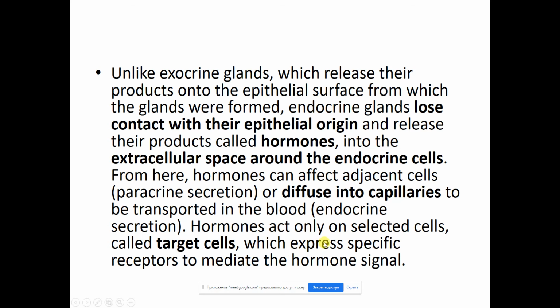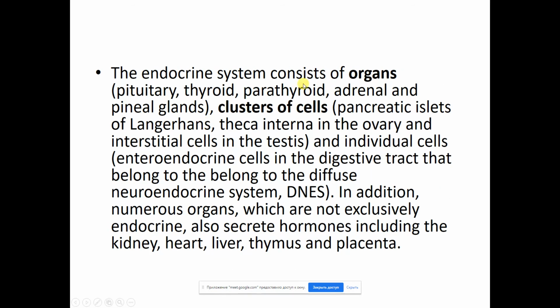Okay, next. Endocrine system consists of organs like pituitary, thyroid, parathyroid, adrenal, and pineal glands. They also might be clusters of cells, which are not an entire organ, like pancreatic islets of Langerhans, as we discussed today.